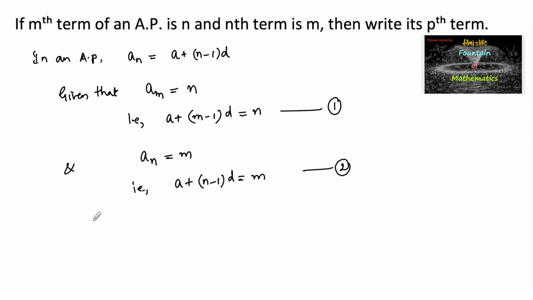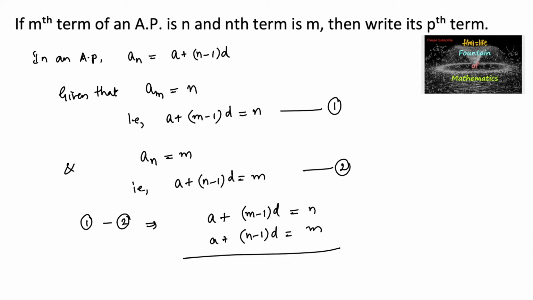So solving 1 and 2, or subtracting, equation 1 minus equation 2: a plus m minus 1 times d is equal to n, a plus n minus 1 times d is equal to m. Subtracting both, a and a get cancelled, and m minus 1 minus n minus 1 times d is equal to n minus m.